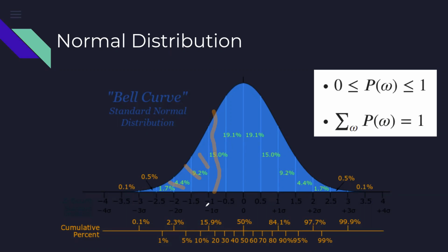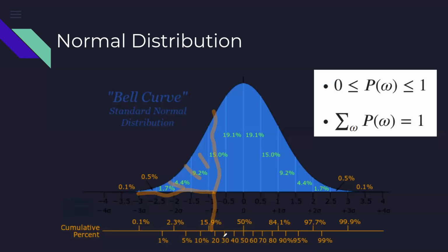So I found the z-score of 25 in that data set, where the average is 30 and the standard deviation was 13. With the help of the z-score, now I can tell you with a fair degree of confidence that this area is showing about 15%. So maybe roughly 16 out of 100 days, I will reach office in less than 25 minutes.